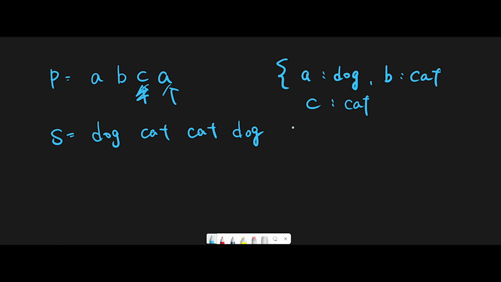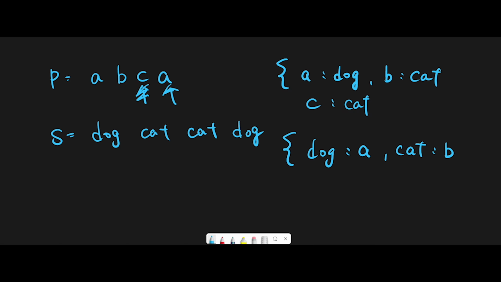I think a simple solution should be we use two HashMaps and create like dog and A, cat and B, something like that. So the first HashMap is like A and dog, B and cat. So the second HashMap should be dog is linked to A and cat linked to B, something like that.